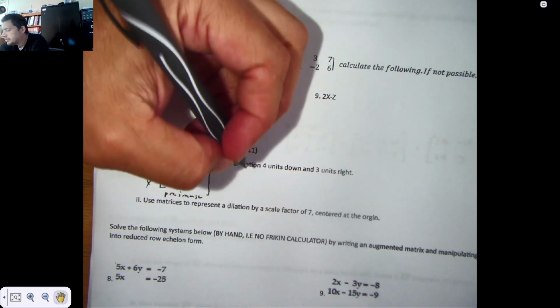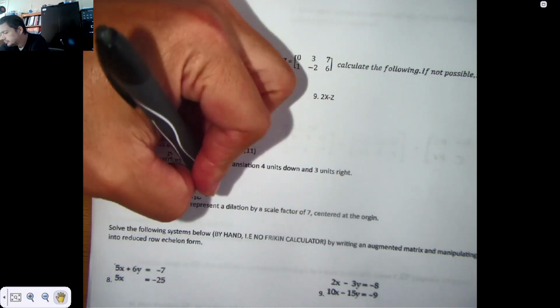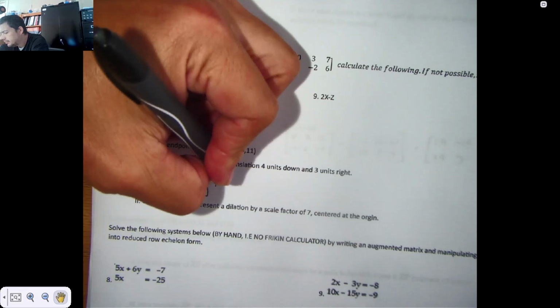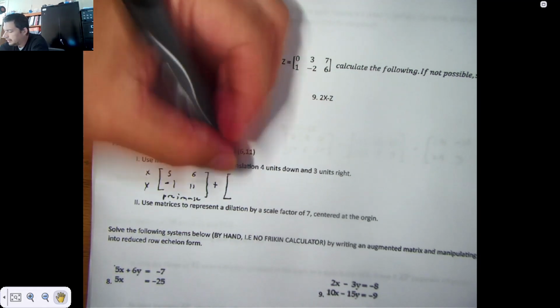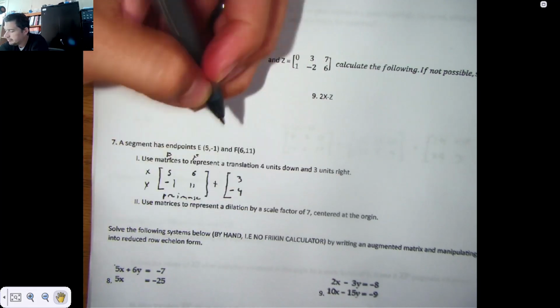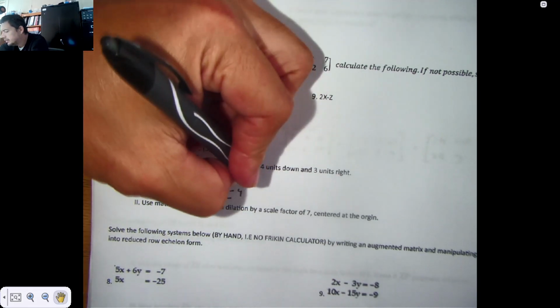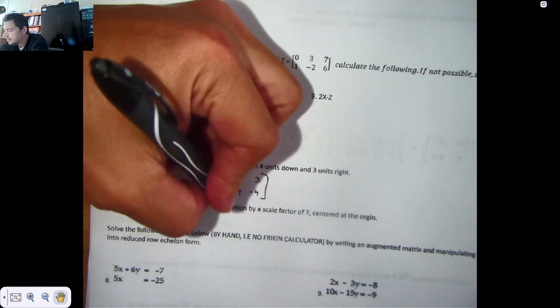Now, what we're going to do is translate it 4 units down and 3 units right. So we're going to add a translation matrix. 4 down, let's take away 4 from Y, 3 units right, add 3. This is the translation.